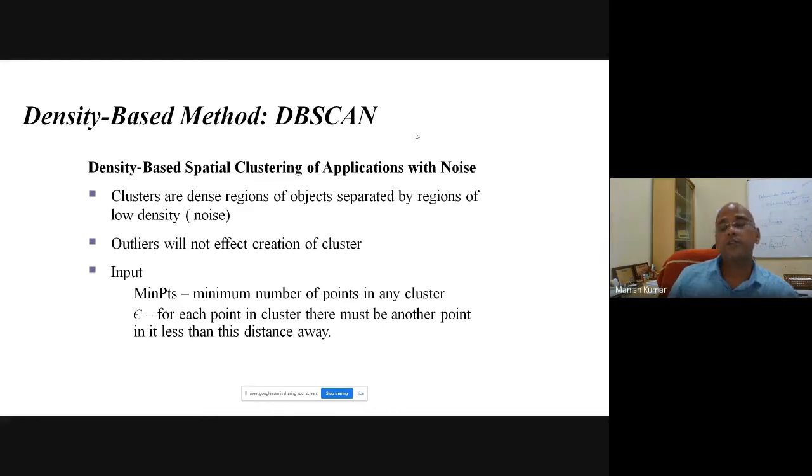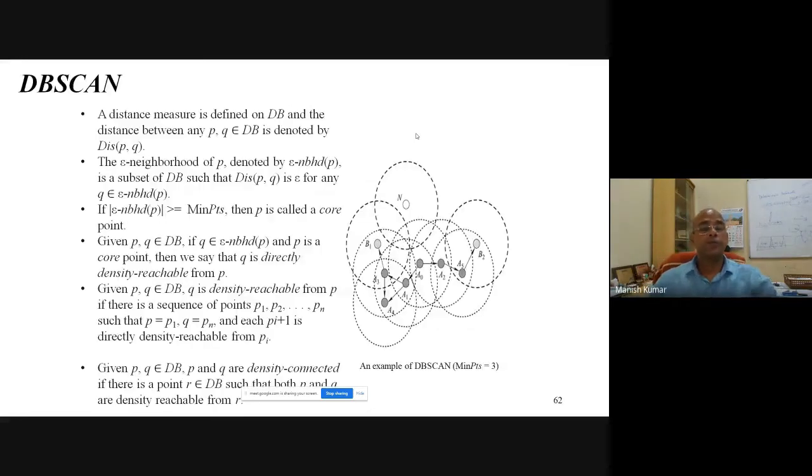Minimum points means: if you decide the closeness of points in terms of distance, then within that distance radius, if the number of points matches this minimum points, that means it is either the same or greater than, that could be referred to as the first tentative clusters out of the data points. So there are some basic things which lead to this particular clustering.